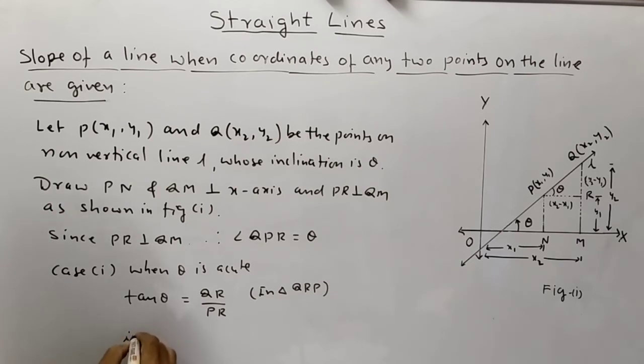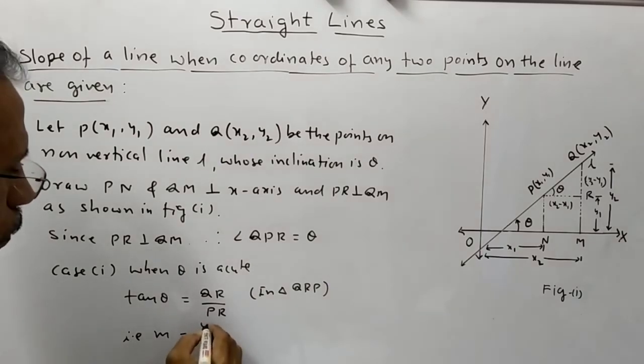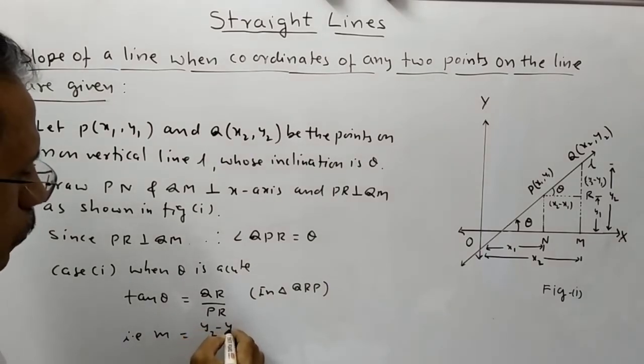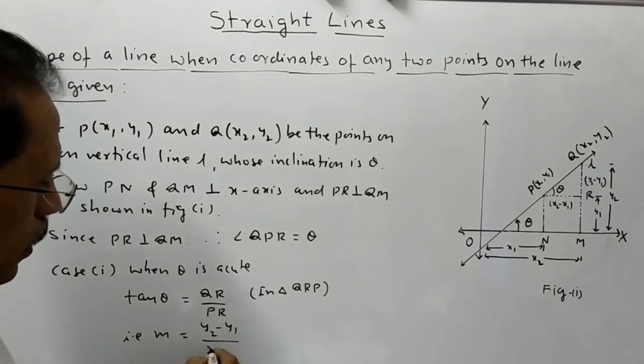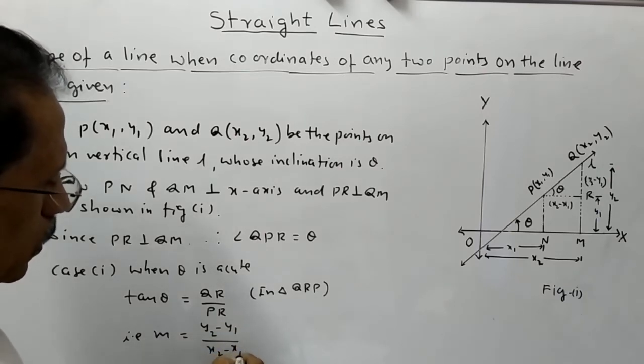That is, tan theta we can take as m. M is equal to y2 minus y1 divided by x2 minus x1.